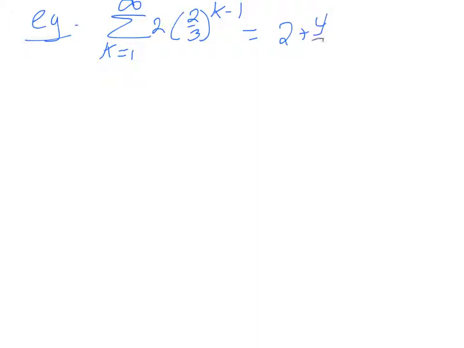So for example, let's say we have the infinite geometric series, the sum from k equals 1 to infinity of 2 times (2/3) to the k minus 1, which if you write that out is 2 plus 4/3 plus 8/9 plus dot dot dot.